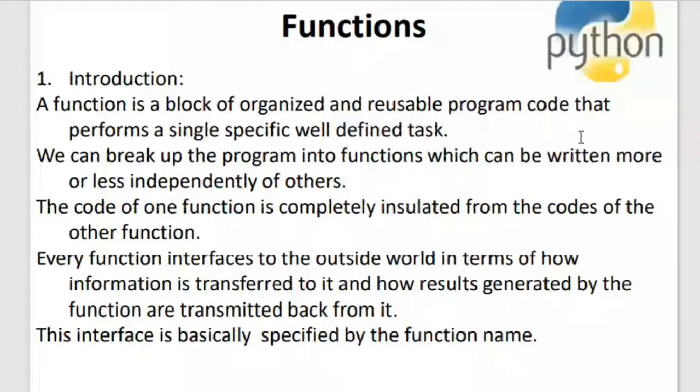Because you can look into the function, you will know this function is taking these arguments and returning this one. So the readability of the code is increased when you are using functions. How many functions can you have for a program? You can have any number of functions.